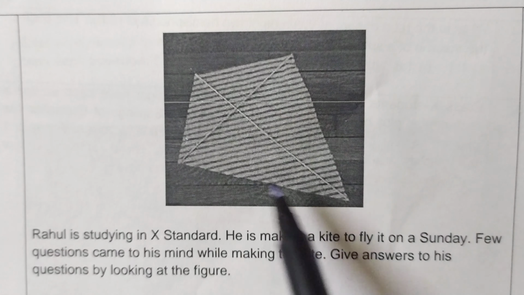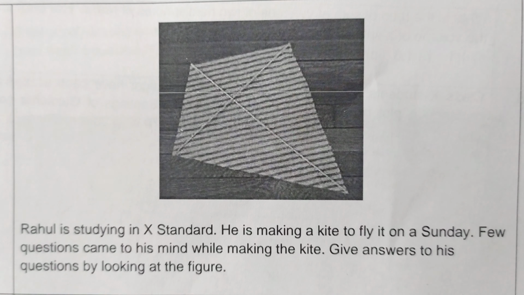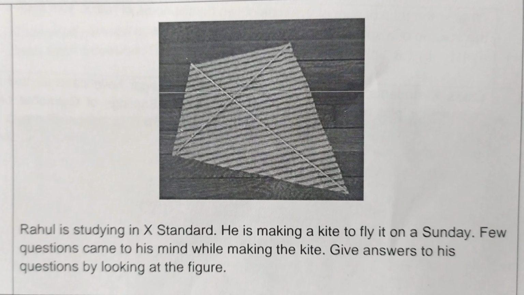If this smaller diagonal is suppose 6 centimeters, then this portion will be 3 and 3. So the longer diagonal bisects the smaller one. Let's start the questions based on these properties.